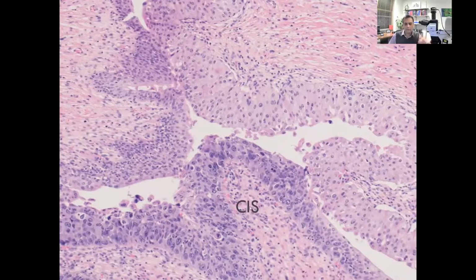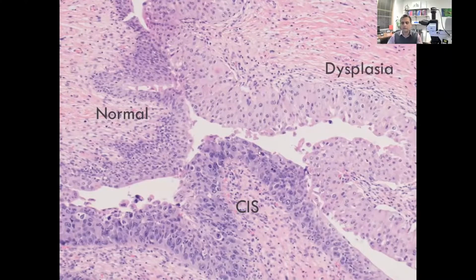So no problem in making a diagnosis of CIS. Right? And then on the left side, we see absolutely normal-looking urothelium. Now, on the right side, though, it doesn't look normal, and it hasn't acquired the features of CIS either. So this would be what we call dysplasia.